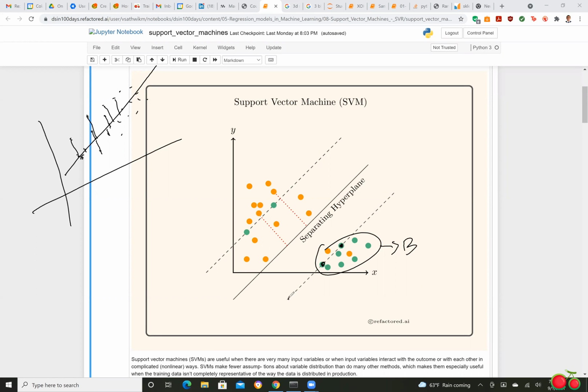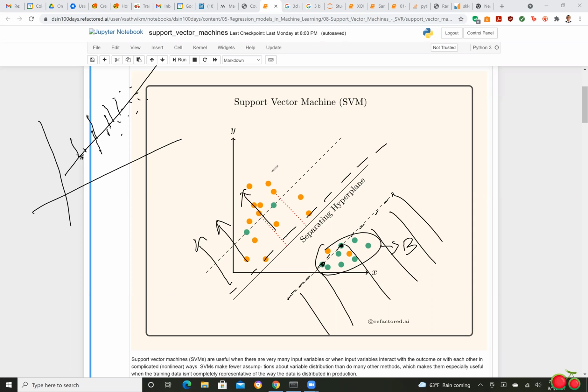So if I draw my dashed line here, I have a space underneath this line which has most of my green points. In the same way, for this orange group, this dashed line should ideally be here, because these two are the border points for me. So all the other orange points are above this line.